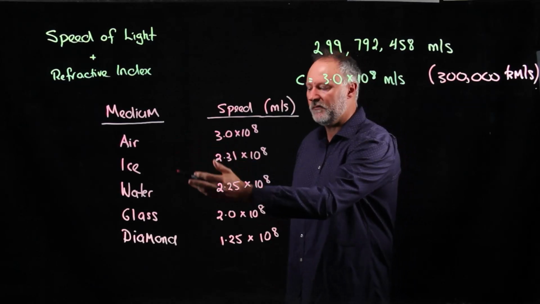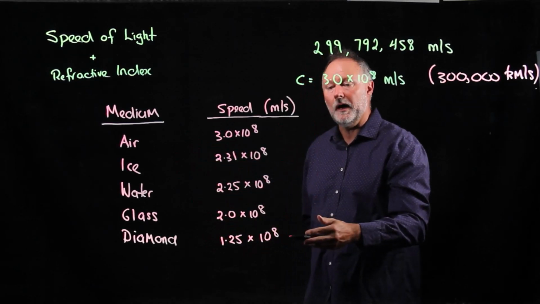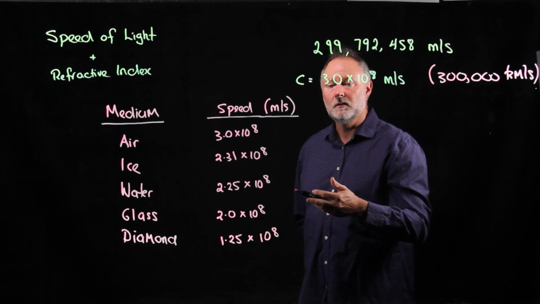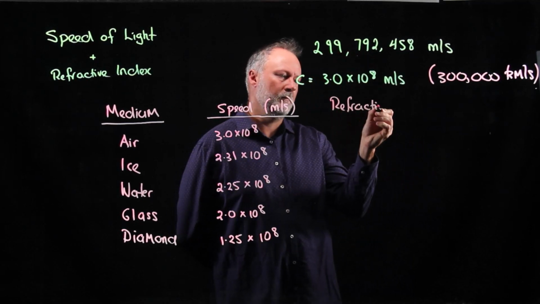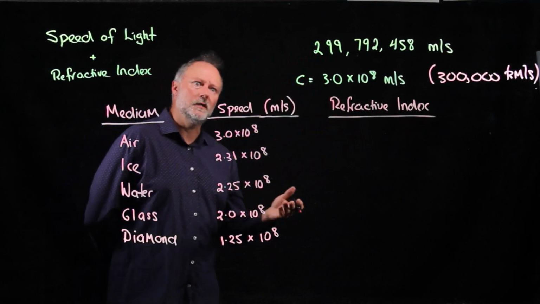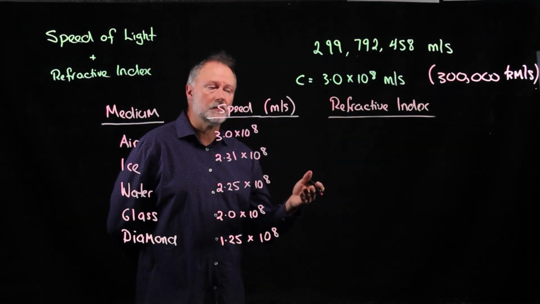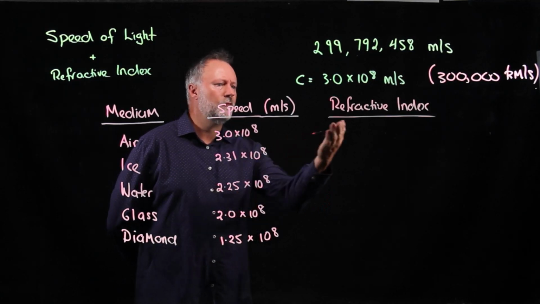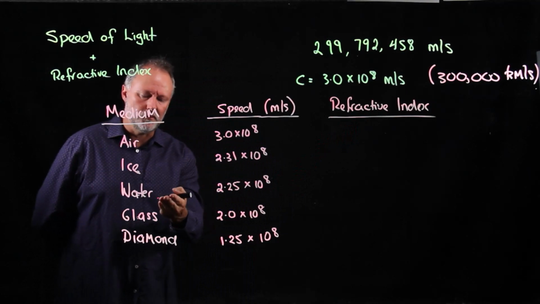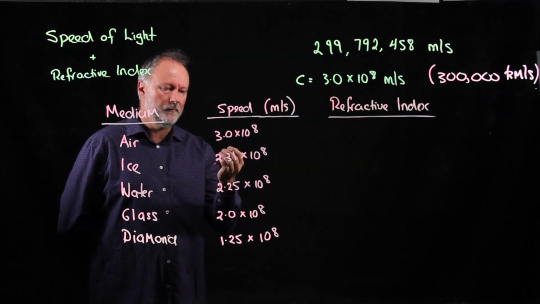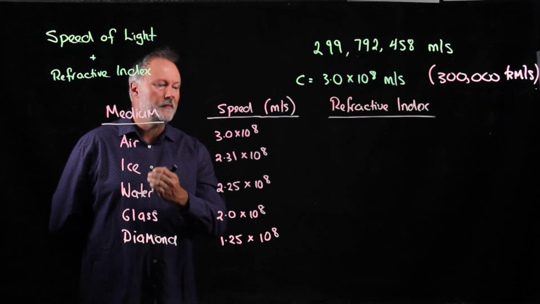Now, describing these different mediums by the speeds of light can be a little bit challenging, so we use a quantity called the refractive index. And like all indexes, it's a number that is unitless that describes a ratio of two quantities. The refractive index of a particular material is simply the speed of light in air divided by the speed of light in that material.